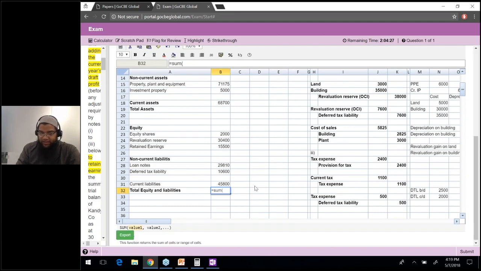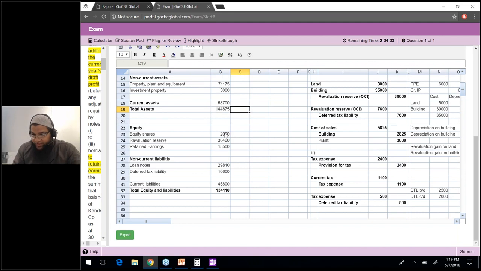Now let's calculate the sum of all these values, which is 134,110. And let's calculate the sum on the debit hand side. The sum of all these values will be 144,875.